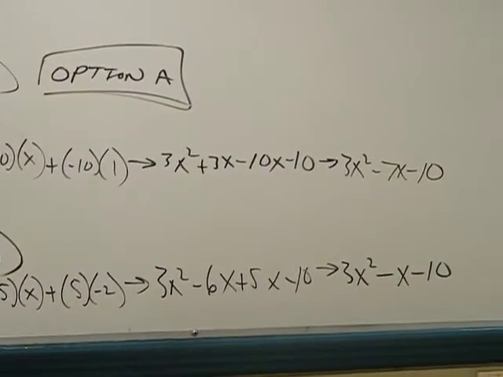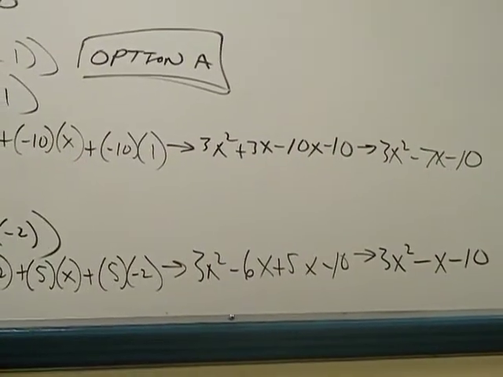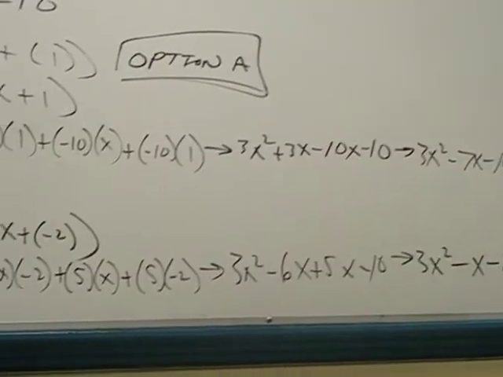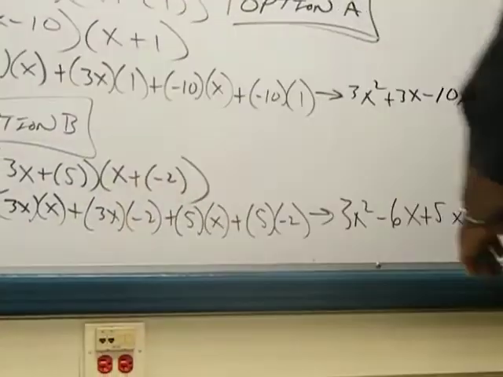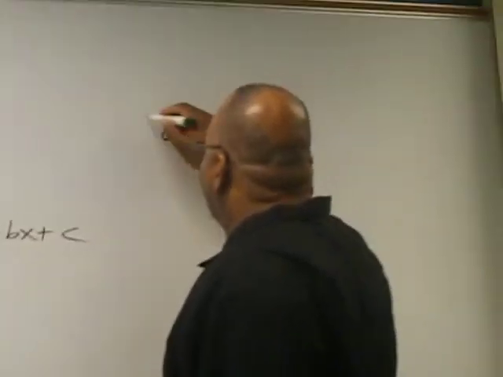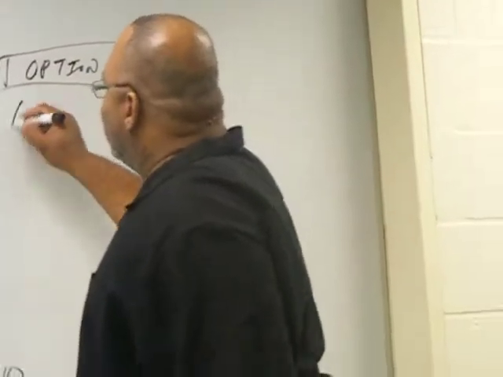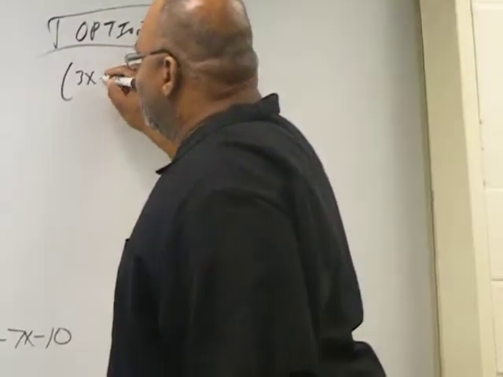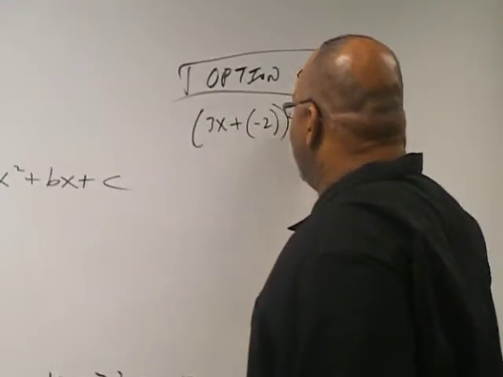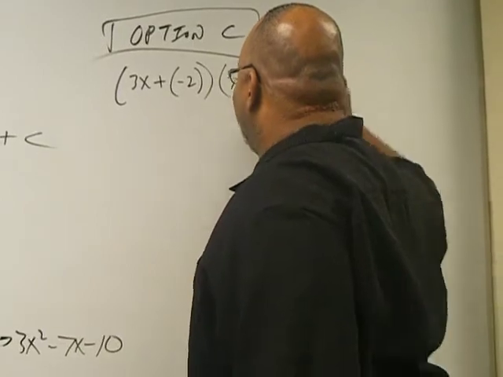Okay, let's try another one. Let's reverse the 5 and the -2, and let's go with -2 and 5. We'll call that option C. Okay, so it'll just be the reverse of this. So we get (3x + 2)... I mean, (3x - 2), then we get (x + 5).